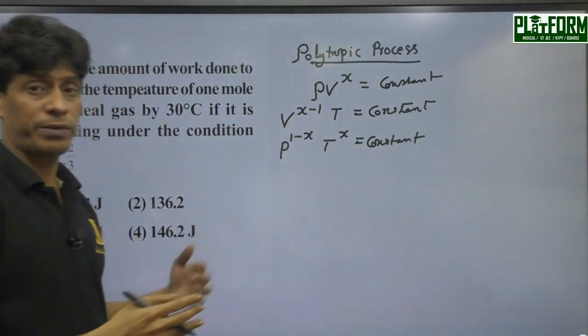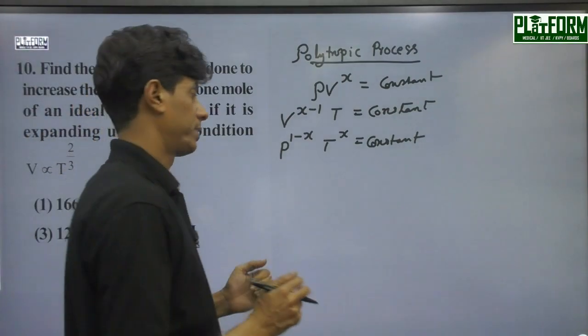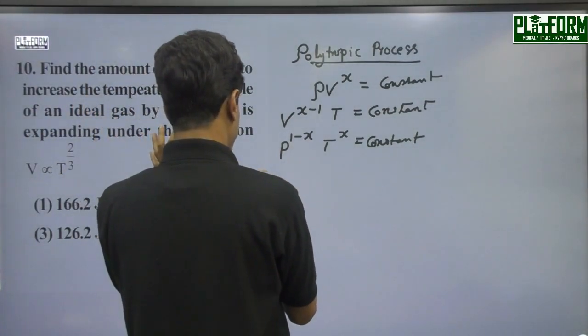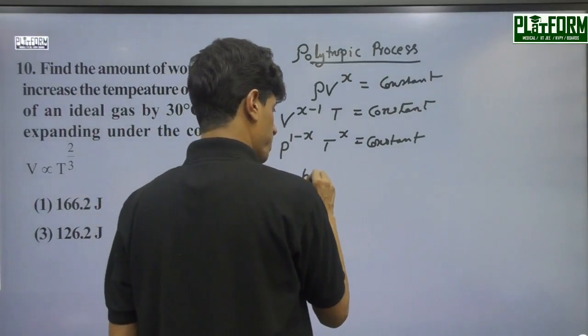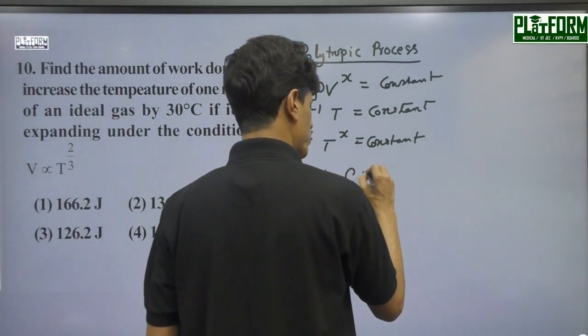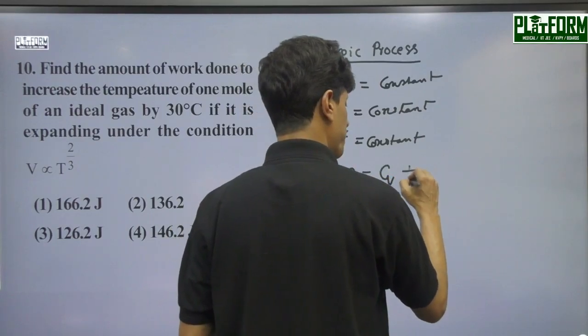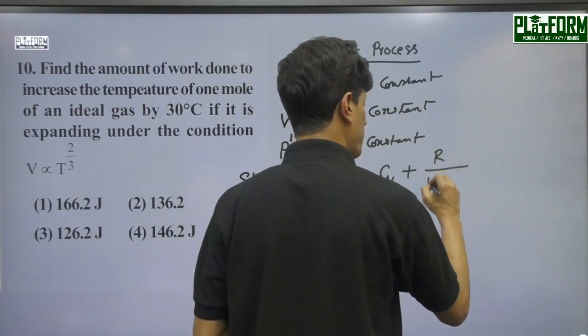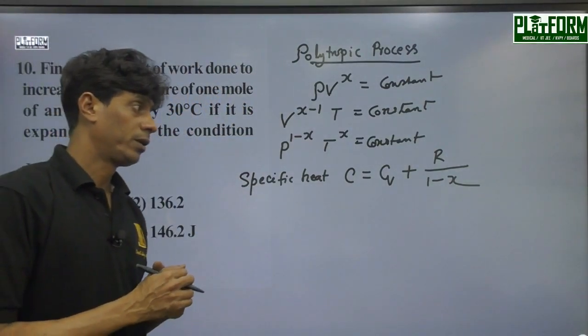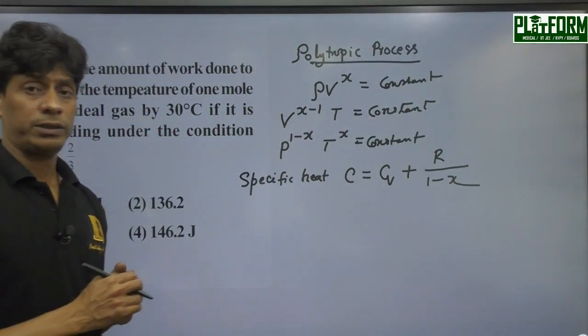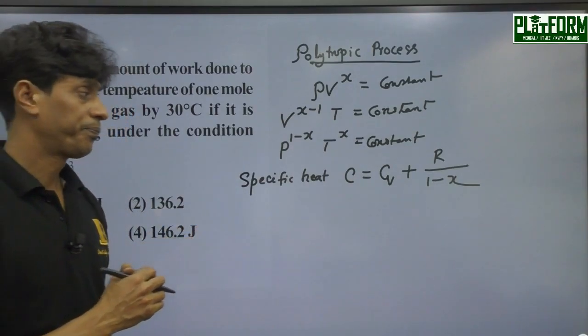So the corresponding pressure versus temperature graph, and the specific heat in this process, C is equal to CV plus R by 1 minus x. This is a very important formula you have to use in your examination hall.